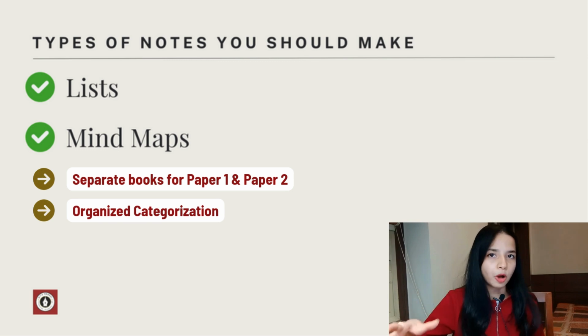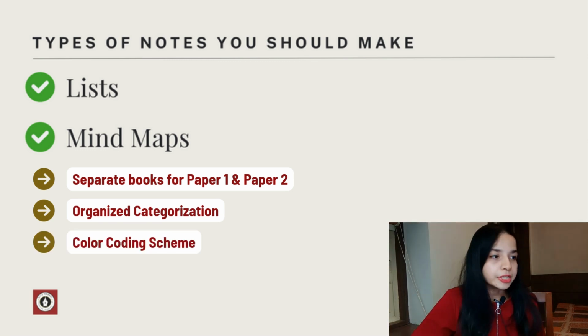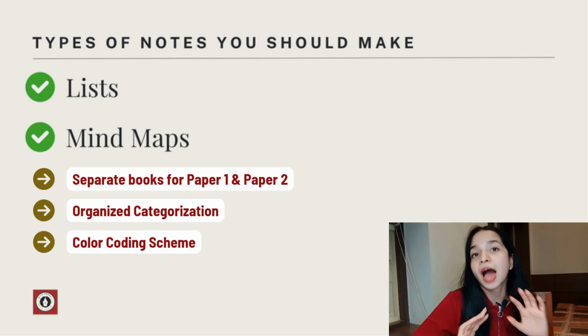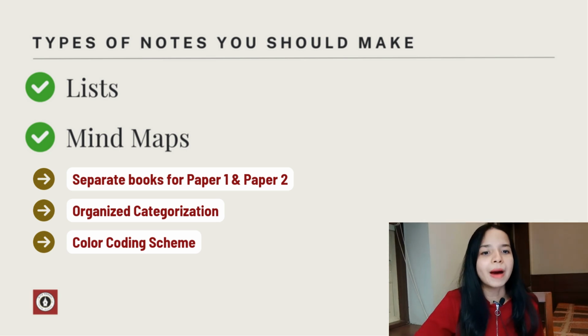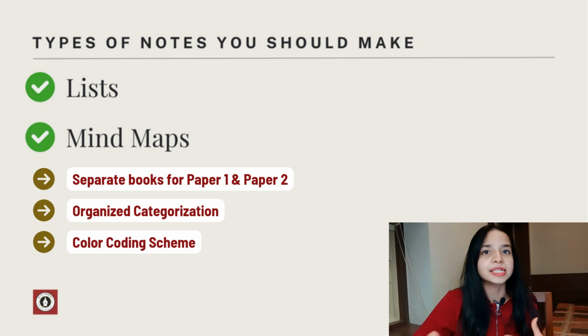And most importantly, create your own color coding scheme. For instance, when you come across some important authors or important works, you can just color code them red. So you know when you're revising that these are some of the works and authors that I have to remember no matter what. Similarly, you can use green highlighters or green pens and blue pens.